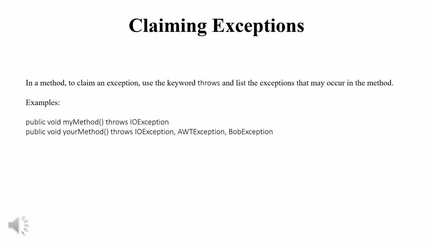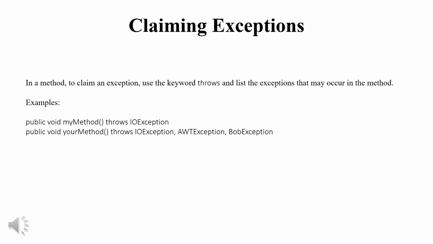Here you can see 2 simple examples. For example, we have 2 methods, myMethod and yourMethod. In myMethod, you expect to see, for example, the input-output exception, right? IOException. So what you need to do is write public void myMethod, right?